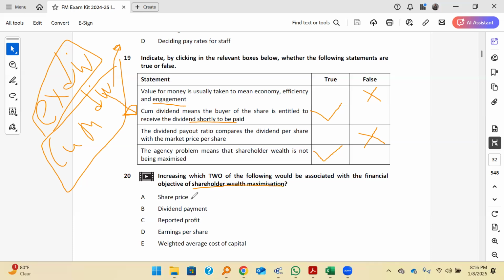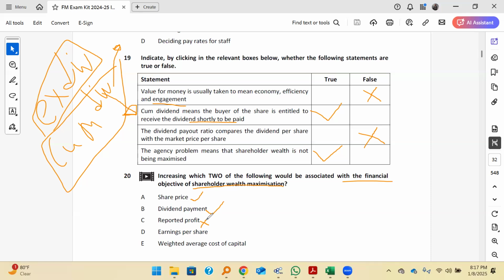If you increase share price, that's okay. If you increase the dividend payment, this is about financial objectives. That is also true. Whereas profit is not actually a measure of shareholder wealth because it can be manipulated.